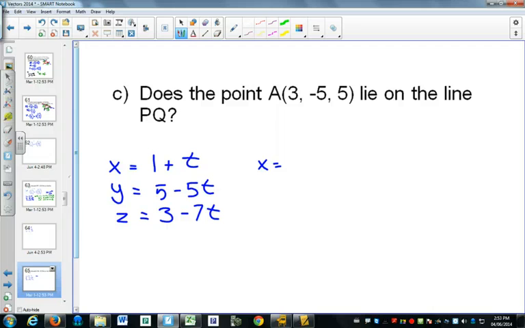So if x equals 3, y equals -5, and z equals 5, plugging them in, you'll get 3 equals 1 plus t.